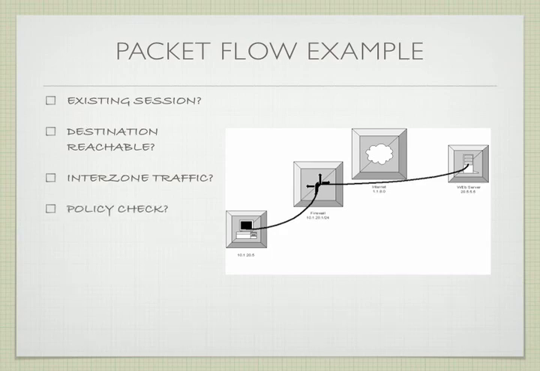So now we check that policy. That policy, there is an internet access policy. It is allowed by policy. So we're going to go ahead and process what happens on that policy. Are there any special actions? Well, yeah, we're going out on the internet.